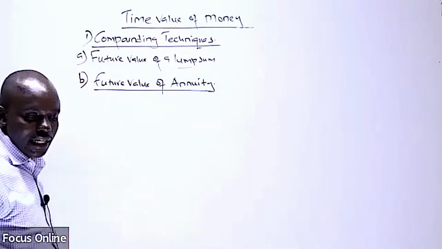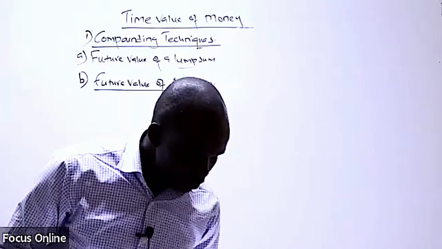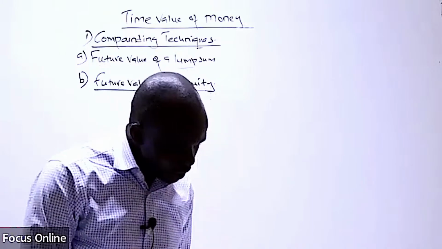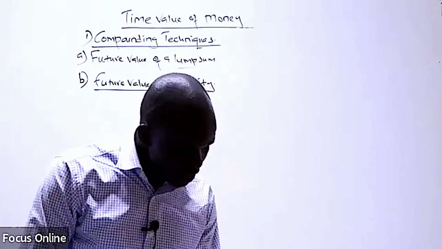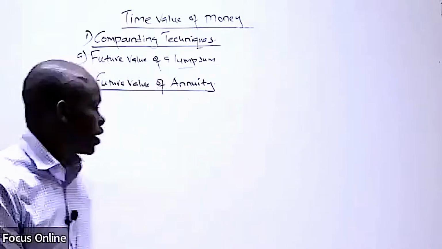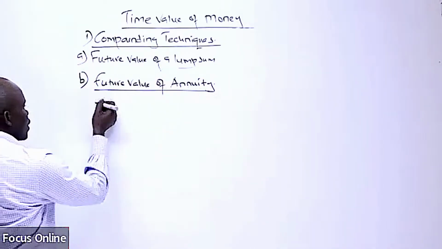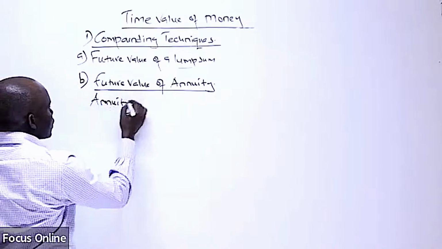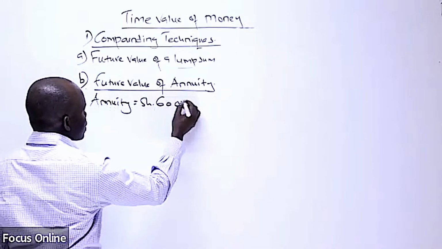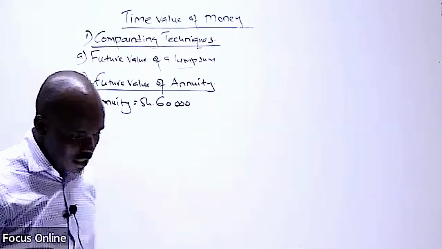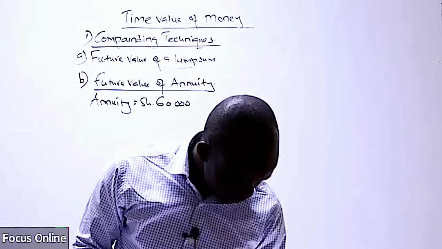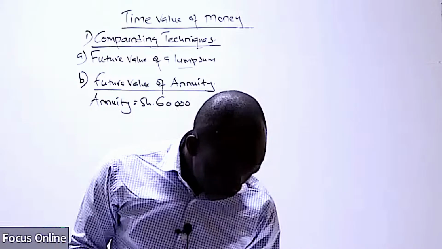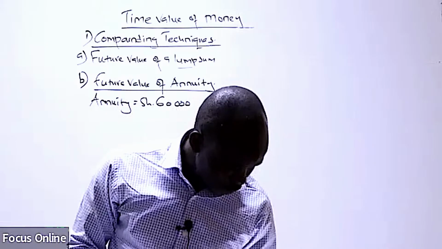You first analyze the question. For example, here we are saying amount to invest is 60,000 at the end of each year. So annuity. Annuity shillings 60,000 at the end of each year for 4 years.